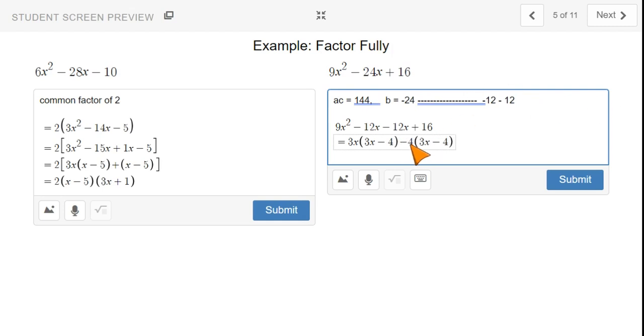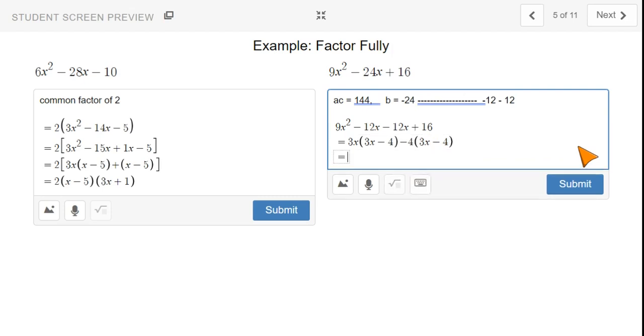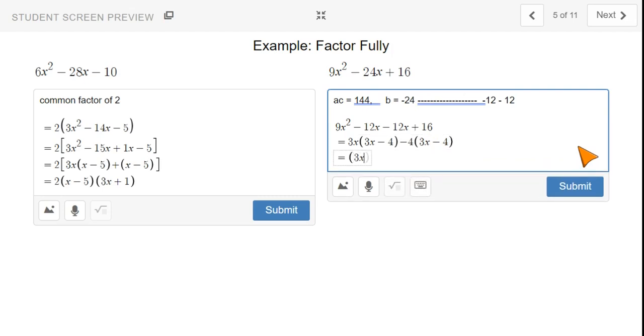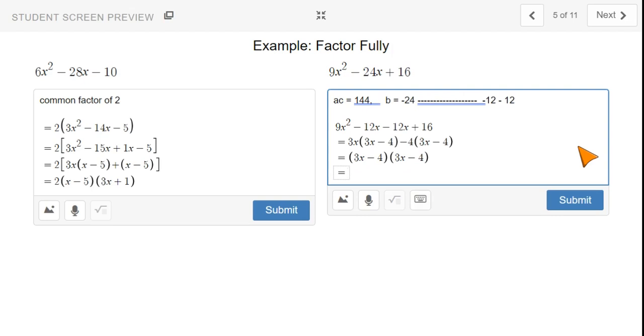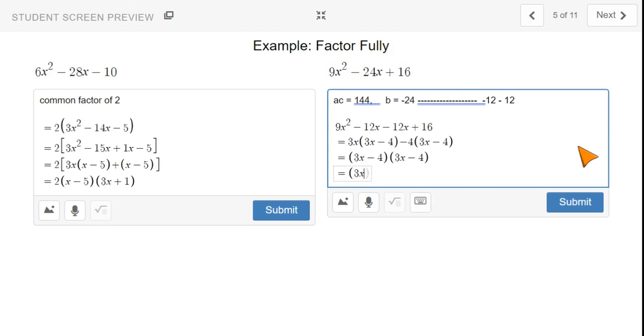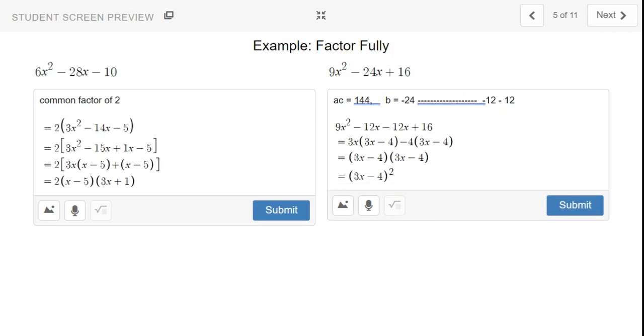I'll be very careful since we factored out a negative 4. We have 16 divided by negative 4, and that gives us negative 4 here. Okay, factor out our common term. And this happens to be a perfect square trinomial and perfect square binomial as well. So this is the end of the first method for factoring tricky trinomials.